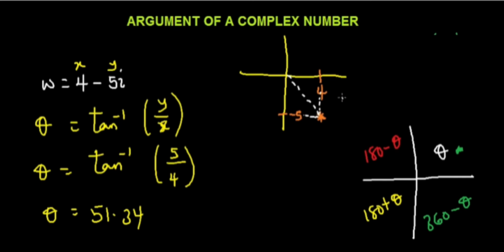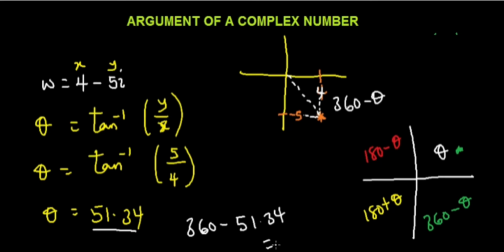So it falls where we have 360 minus theta, which means whatever you get here, you should do 360 minus the answer, because it falls in this quadrant, 4 and minus 5. So my argument will be 360 minus 51.4, which will be 308.66. So this will be the argument of this complex number.